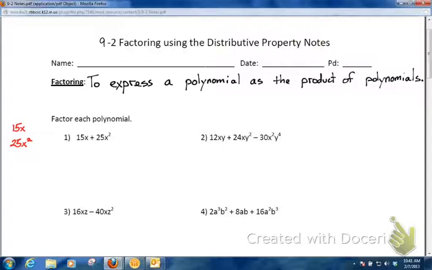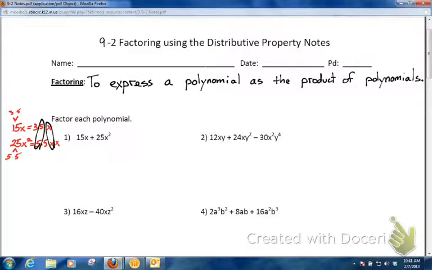Well, again, you could use factor trees, and you could say, well, 15 is going to be 3 times 5, so this will be 3 times 5 times x. 25 is 5 times 5, so this will be 5 times 5 times x. So the GCF will be just 5x.